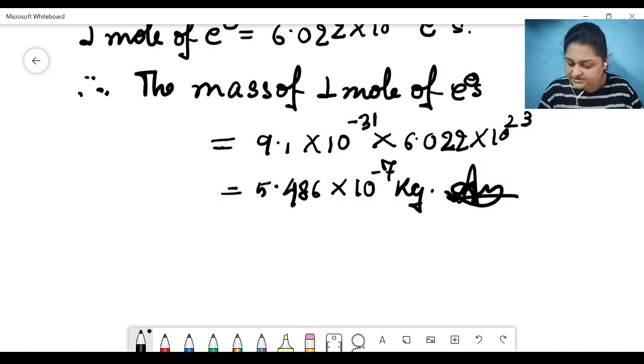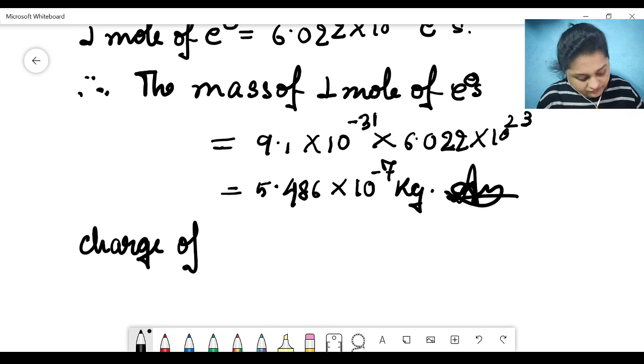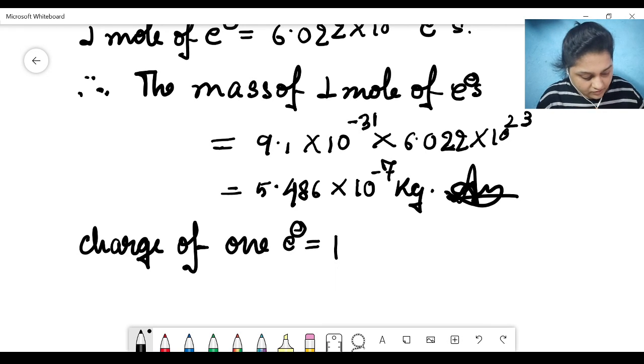And they also asked about the total charge of 1 mole of electrons. For the charge of 1 electron, charge of 1 electron is 1.602 into 10 to the power minus 19 coulomb.